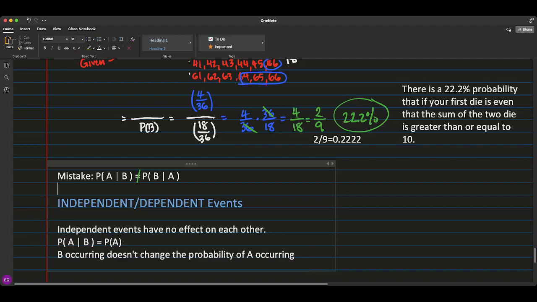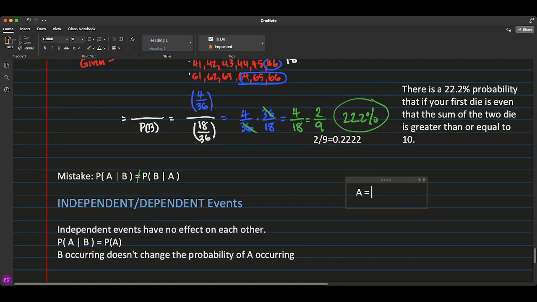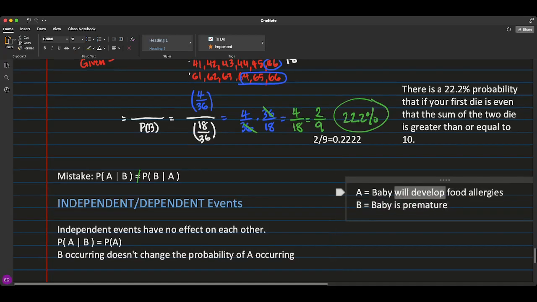So let's do an example here. Let's say that A is a baby will develop food allergies, and event B is that a baby is born prematurely.